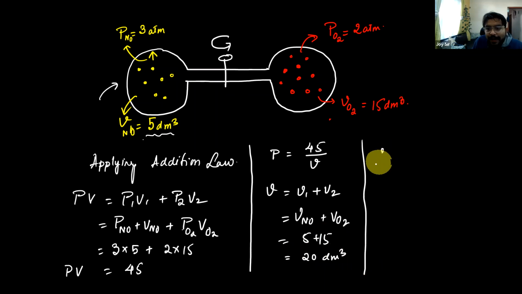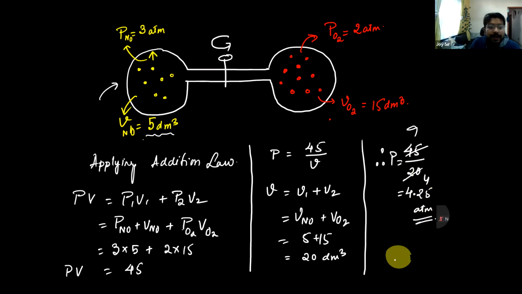So finally जो प्रेशर होगा that will be 45 divided by 20, that will give you कितना होगा? 5 4 जा 20, 5 9 जा 45, it will be 4.25 atm. So this is the total pressure when both the gases mix up.